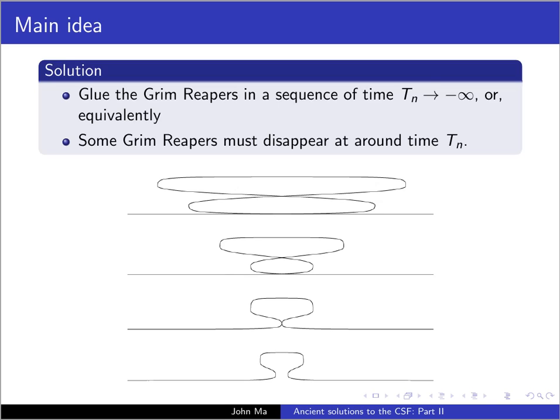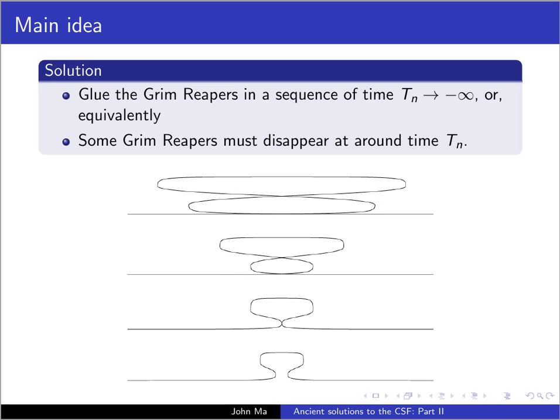That means we have to choose a sequence of times, Tn, a decreasing sequence which tends to negative infinity, such that at around the time Tn, we glue a new grim reaper into the solution. If you put it another way, that means at the time capital Tn, some grim reapers in your solution have to disappear, have to die out.